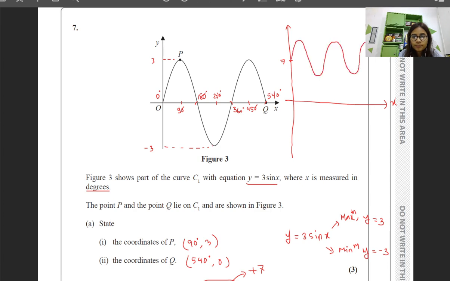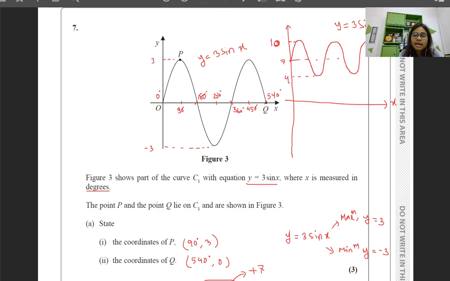So this is y equals 3 sine x, and this is y equals 3 sine x plus 7. If the maximum is 3 more units, which makes it 10, the minimum is also 3 units below 7, so that is 7 minus 3, that is 4.